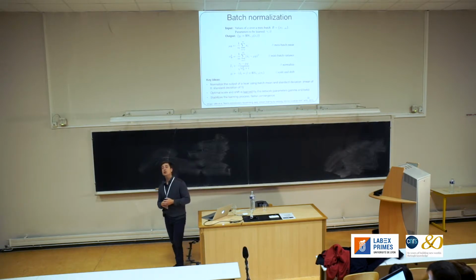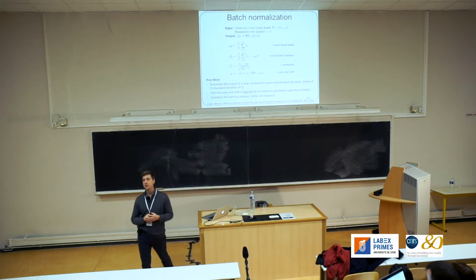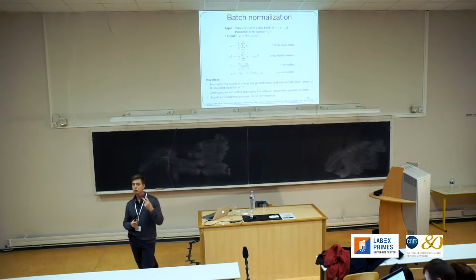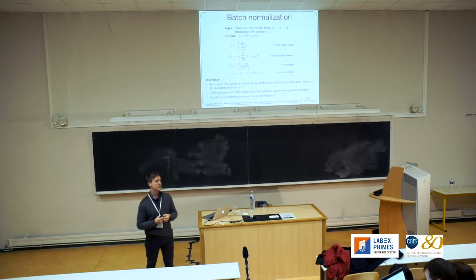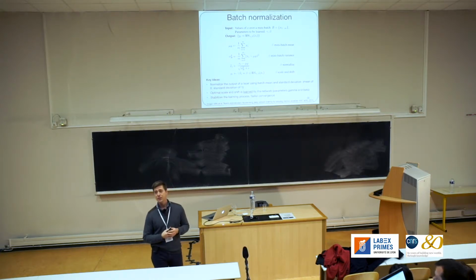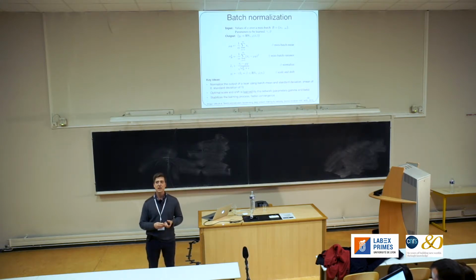Okay, what is the goal of batch normalization? There are two goals. The main goal is stability. Because we are doing normalization, we make a given layer in the network less susceptible to the changes in previous layers.